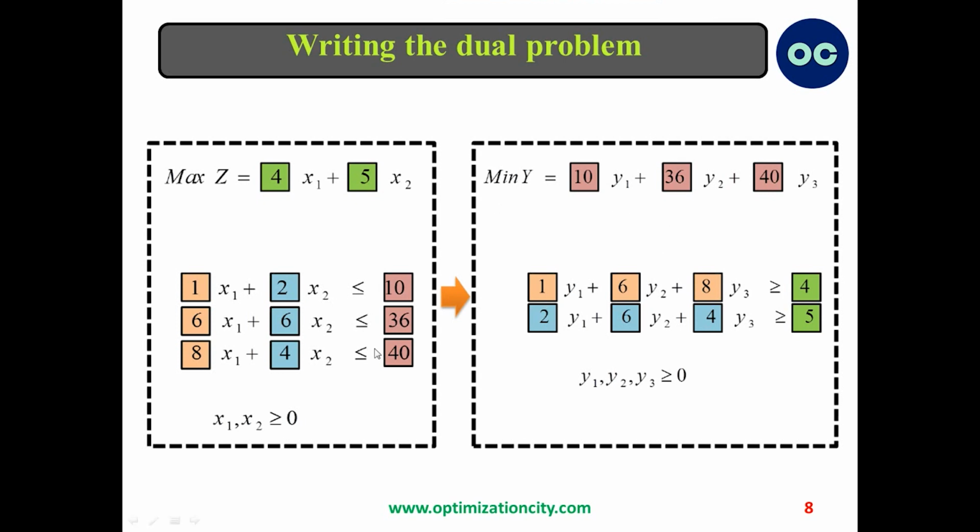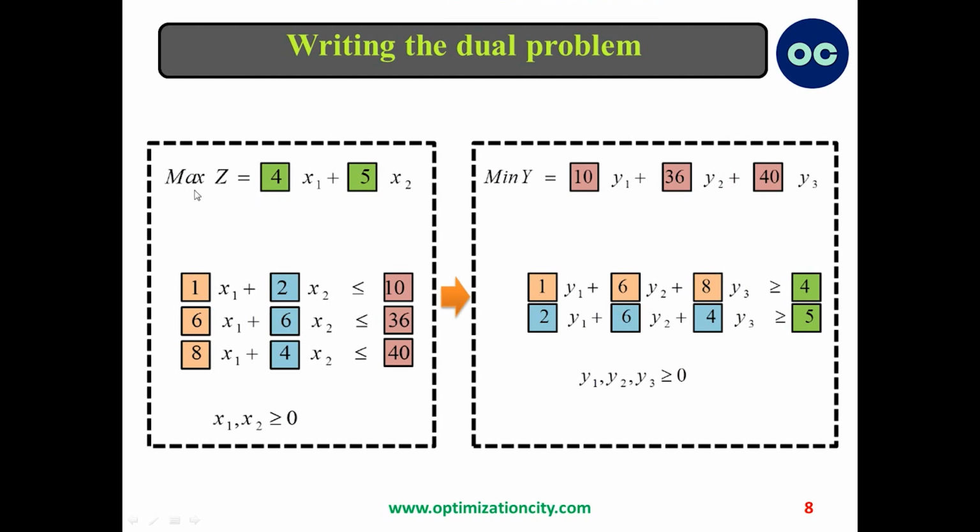So we have less than or equal, the dual variables would be positive or non-negative. If the variables of the primal model are non-negative, the form of the constraint in the dual model would be greater or equal.